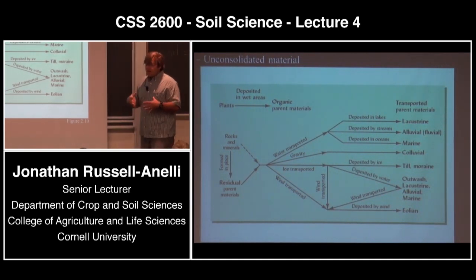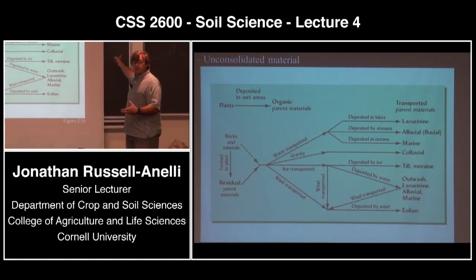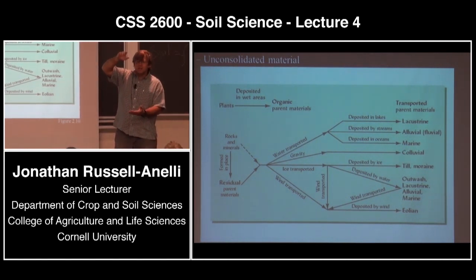You have to have high energy to carry big things. And if I don't have high energy, the big stuff is going to be dropped off earlier. So all of a sudden, I have a stream delta that has a variety of different strata in it. Now, if that variety of different strata is going to become a soil, one can certainly imagine that the finer particles are going to be weathered at a different rate than the coarser particles.